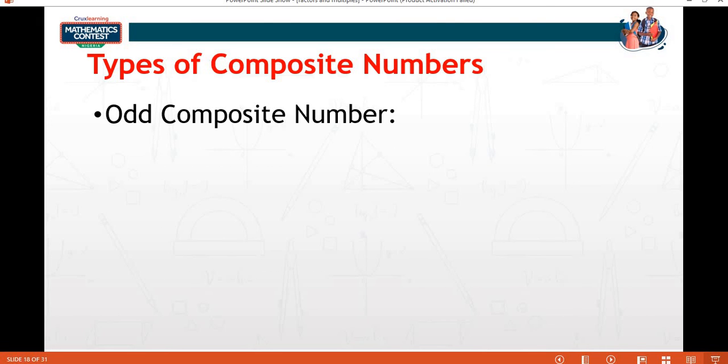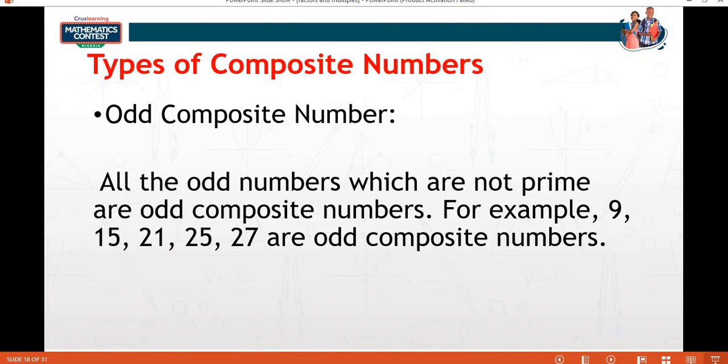We have the odd composite numbers. The odd composite numbers are the odd numbers that are not prime numbers. Every odd number that is not a prime number is referred to as an odd composite number. Simple.